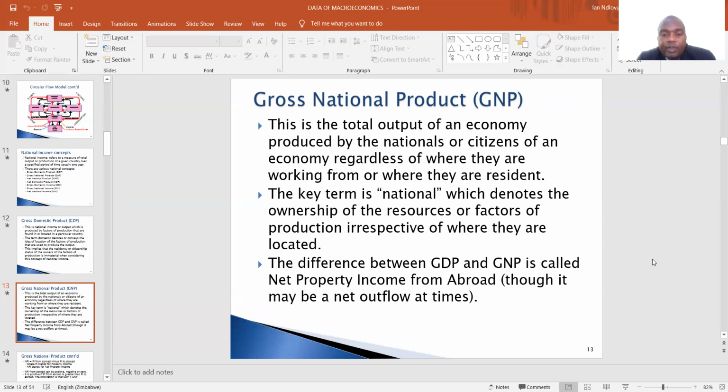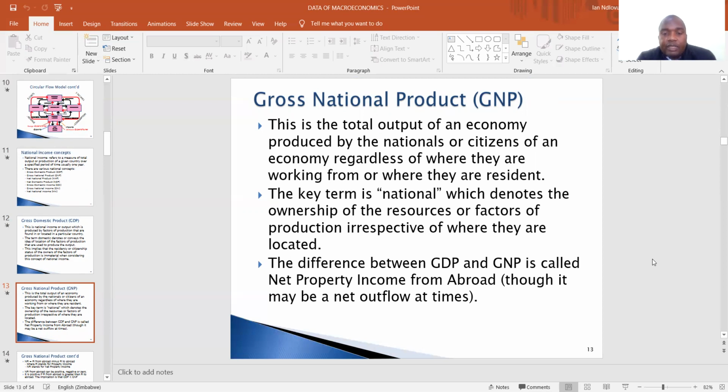What is this net property income from abroad? Net property income from abroad refers to property income from abroad less property income to abroad. It's property income from abroad minus property income to abroad.